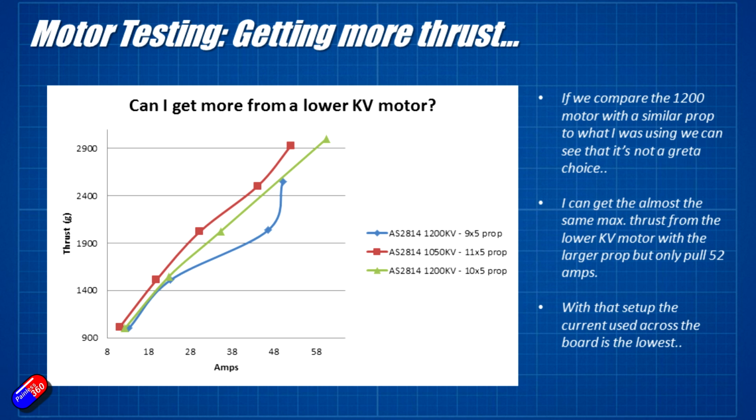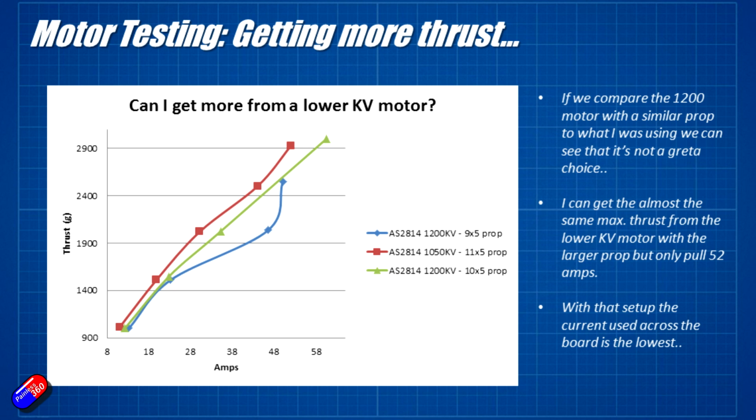And that is going to result in lower heat. It's going to result in longer flight times. So that is what I've decided I'm going to put on the model. I'm not going to increase the kV, I'm going to decrease the kV but increase the size of the prop because it's going to give me the most efficient flight.